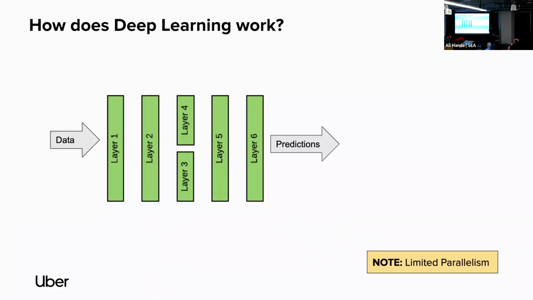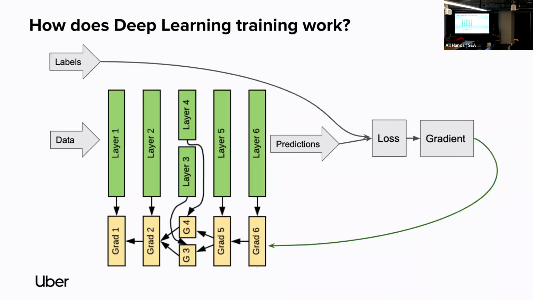Just to start with some basic introduction, in deep learning, you have a bunch of layers. You have input data that comes in and passes through these layers. And after a bunch of magic, you make some predictions. But to train these layers, usually you have a bunch of labels that are combined with the predictions that come out of your layers, go through a loss function, and then a bunch of gradients are computed.